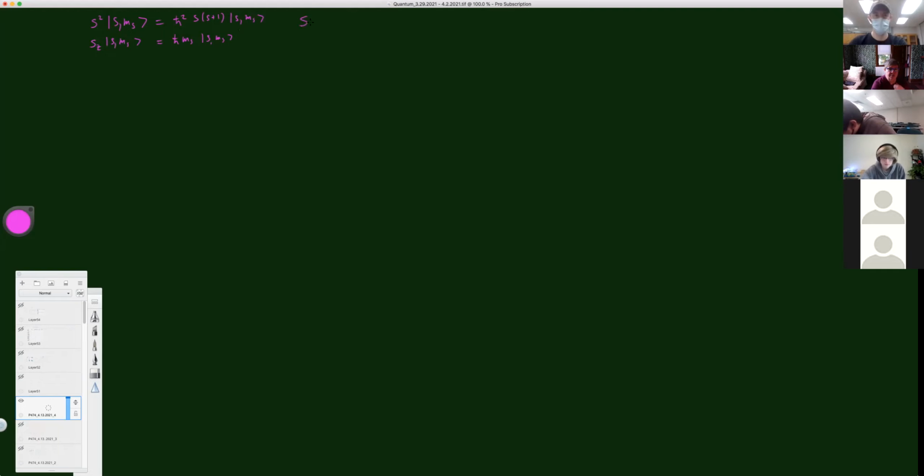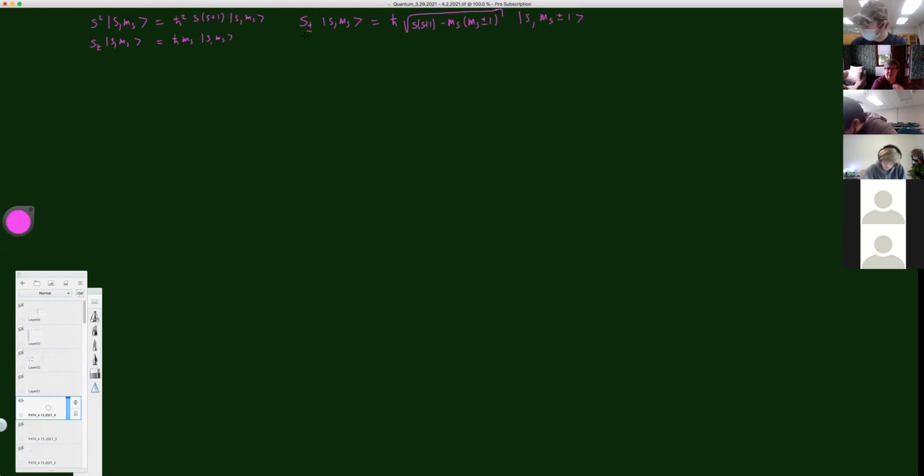The ladder operators S plus-minus acting on s m_s is h bar times the big messy thing, square root of s(s+1) minus m_s(m_s plus-minus 1), and then it raises or lowers your z component by 1.